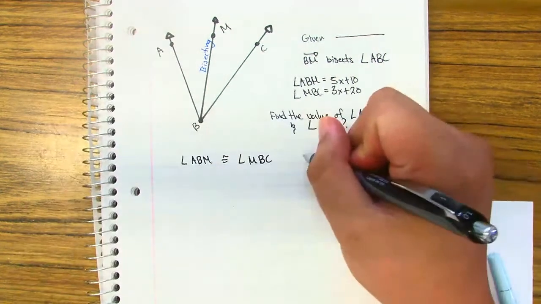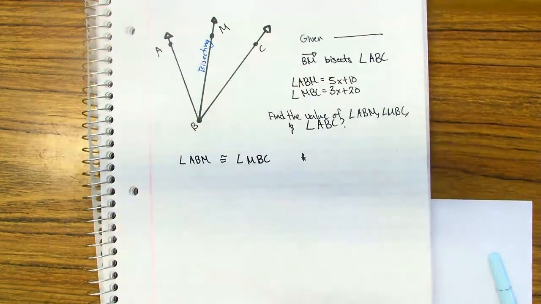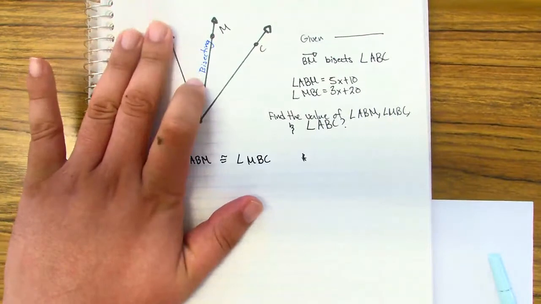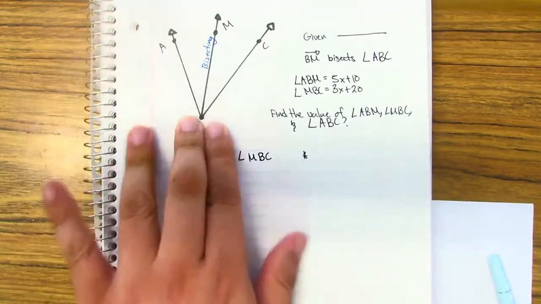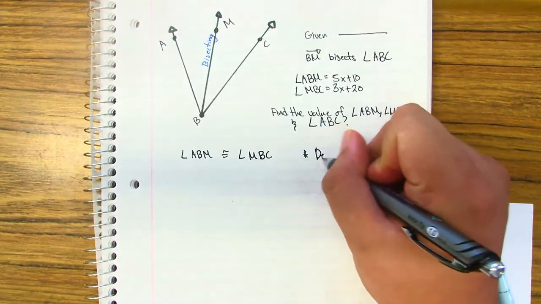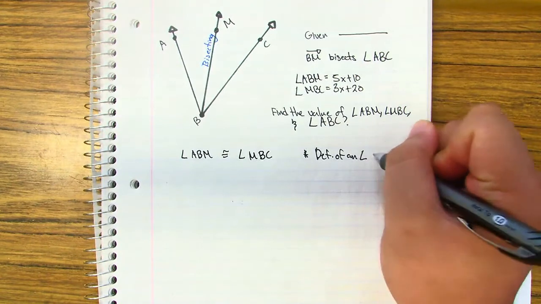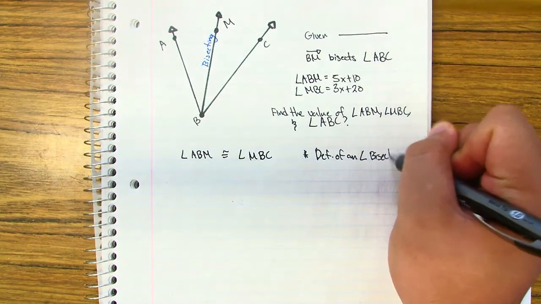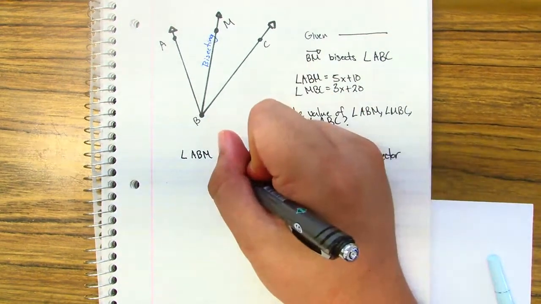Our reason why we know that the first angle and the second angle are congruent is because ray BM is bisecting the whole angle. So we put the reason: the definition of an angle bisector. As soon as you do that, then you can start solving it.